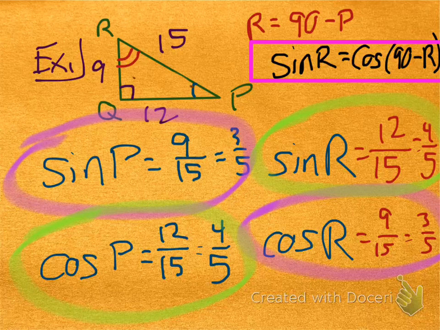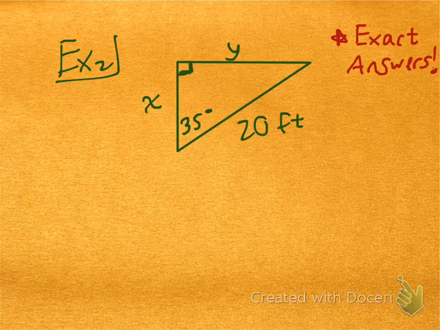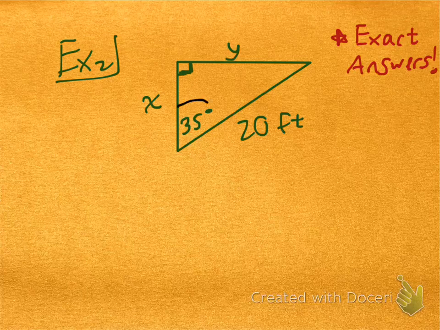So let's look at another example real quick. Again, we want an exact answer here. So if I'm solving for x and y, I've got lots of options here. We know this angle here is 35 degrees. So I'm going to set up a ratio, and I want you to think of if you can think of a different way of doing this.